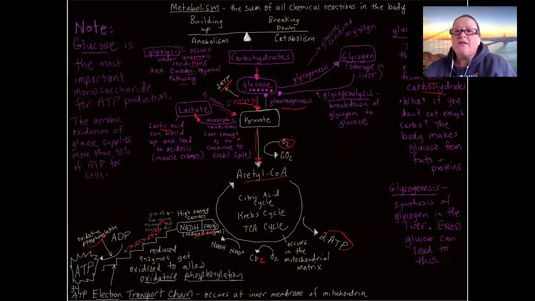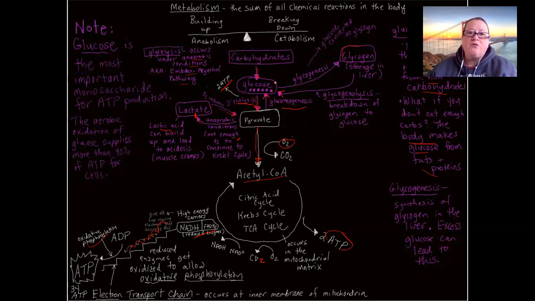So gluconeogenesis is the pathway for synthesis of glucose from non-carbohydrate sources. And the question is, what if we don't eat enough carbs? Our body makes glucose from the fats and the proteins that it needs. It can also get glucose from our glycogen stores. So we can get the production of more glucose either by breaking down the glycogen or gluconeogenesis.